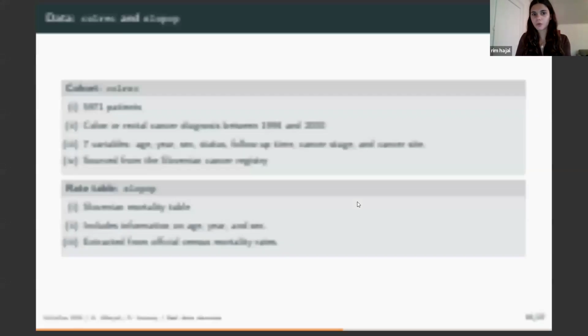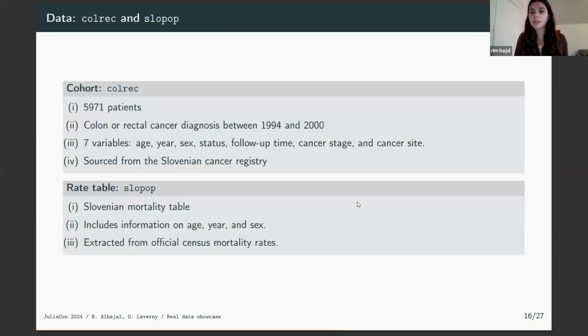So for example, in the data set that we're going to be working with, we're taking a very typical data set that is used in most literature, and it's called the Colrec data set. It comprises around 6,000 patients diagnosed with colon or rectal cancer. And there are 7 variables that indicate age, year, and sex. Status.